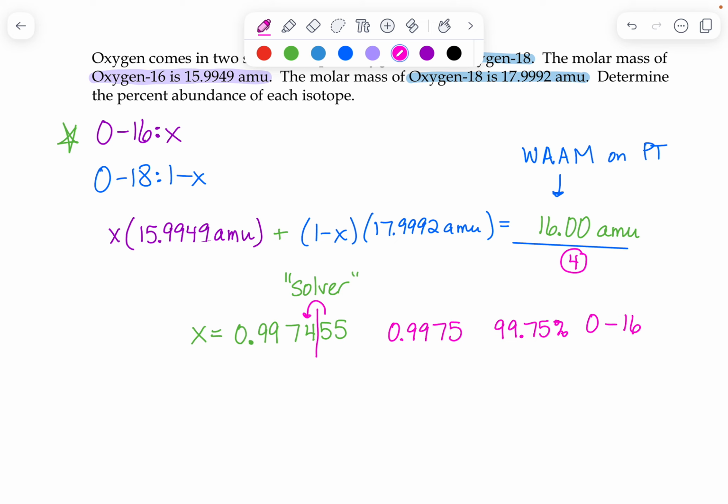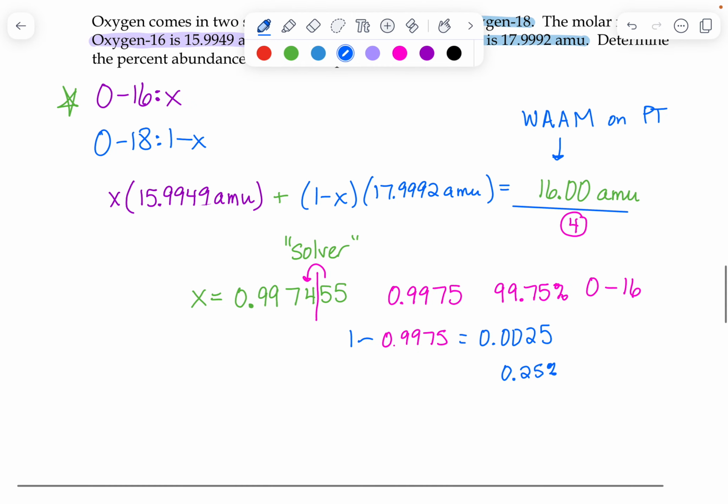And then the leftovers, the 1 minus X, 1 minus 0.9975 is 0.0025 in decimal form, or 0.25%, less than 1%, oxygen 18.